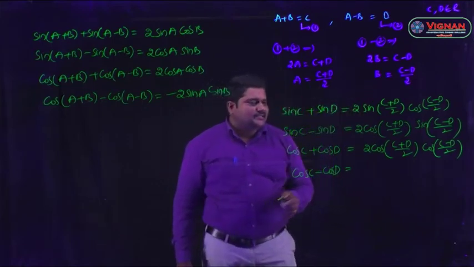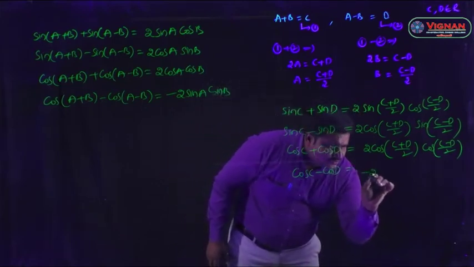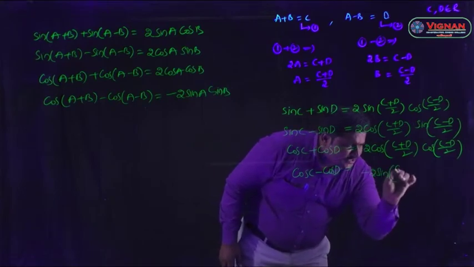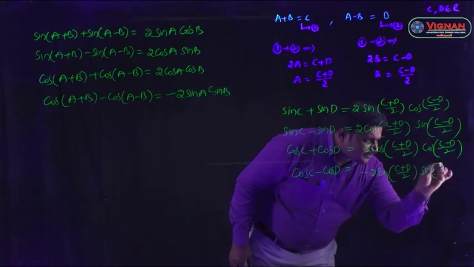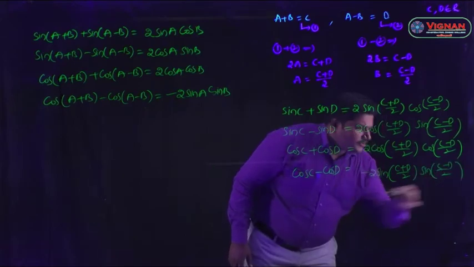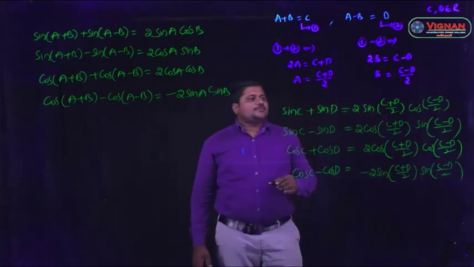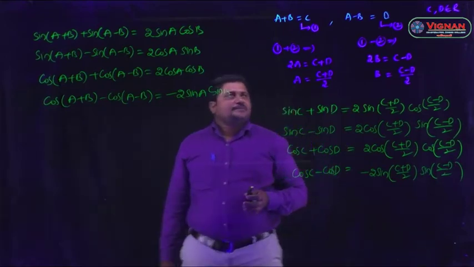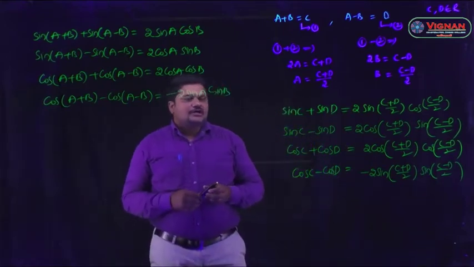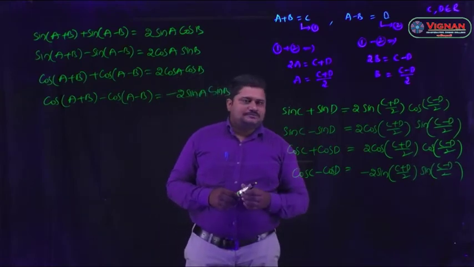Then we get minus 2 sin of c plus d by 2 sin of c minus d by 2. These four are more important formulae. These are useful in solving the IP problems and objective problems.